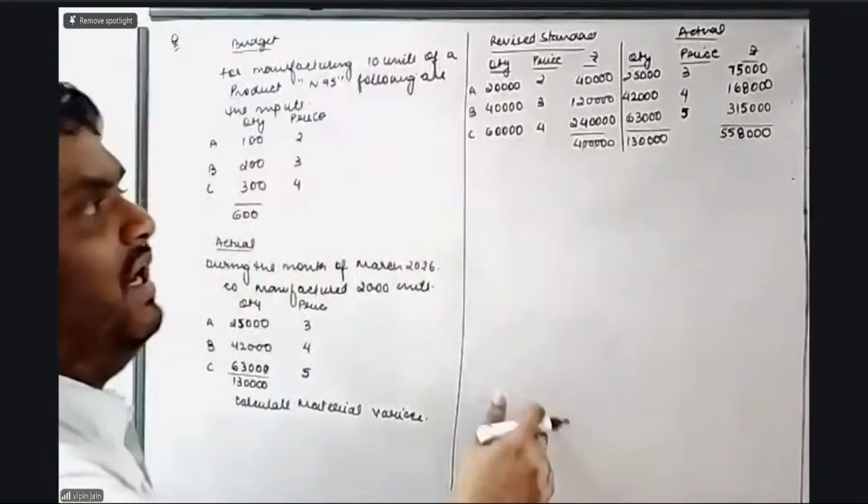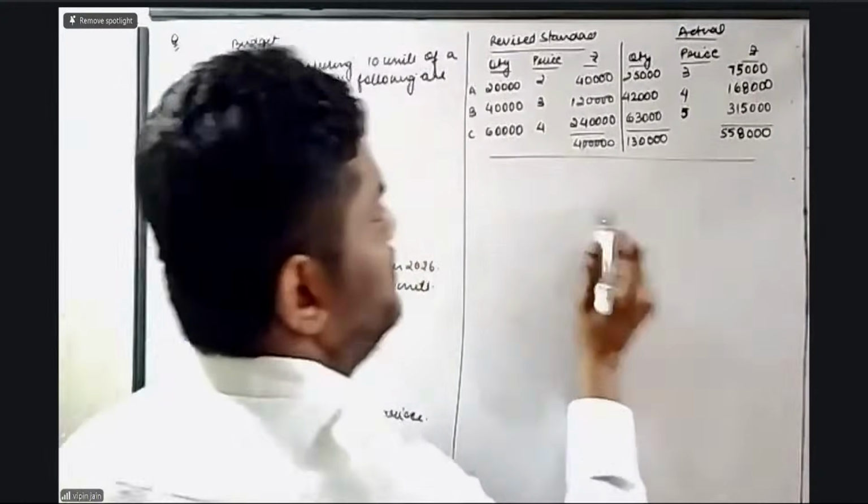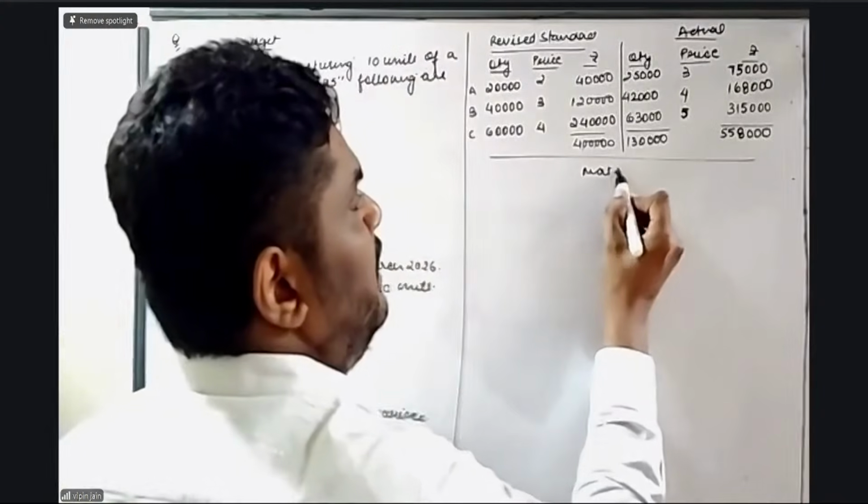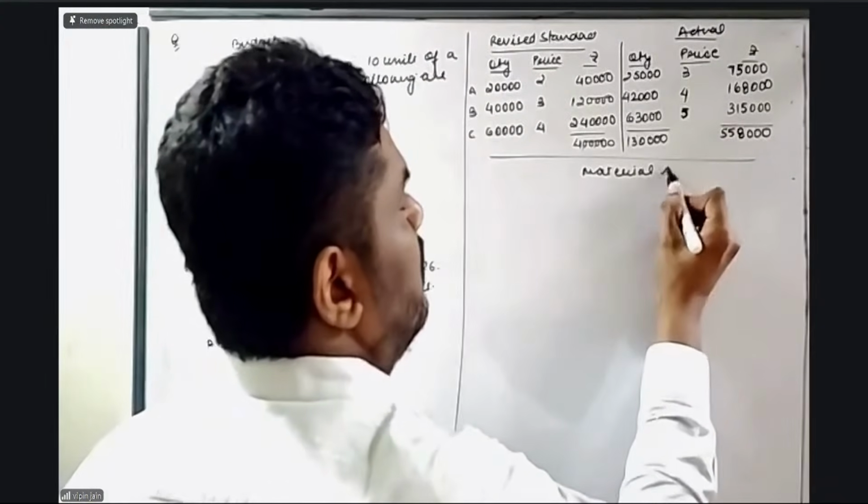So now the master chart is ready. We can solve any question. So material cost variance.